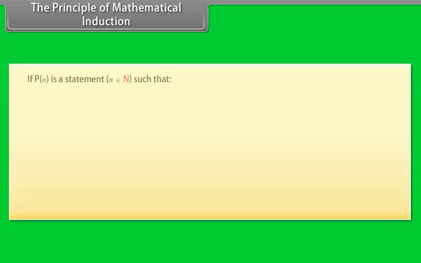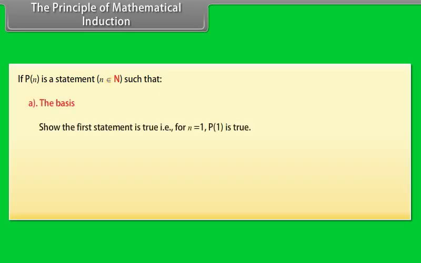The principle of mathematical induction. If Pn is a statement, n belongs to capital N, such that the base shows the first statement is true, that is, for n is equal to 1, P1 is true. The inductive step.